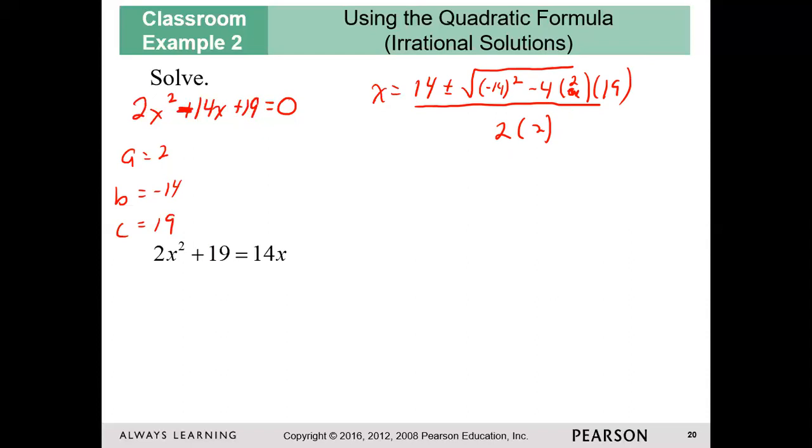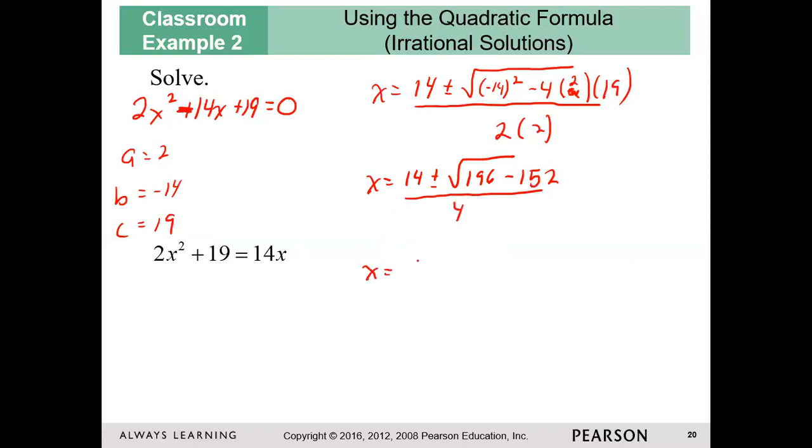The last thing that you want to do is make an error in substitution. There's lots of other harder things that we need to do here, so let's not make a mistake with substitution. So x equals 14 plus or minus the square root of 196 minus, and 4 times 2 times 19 is 152, so minus 152, over 4.